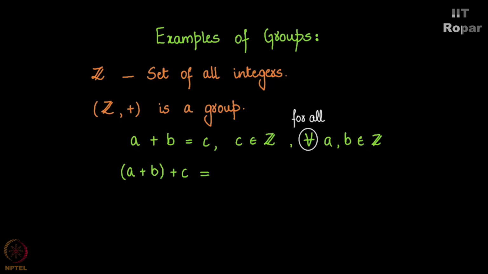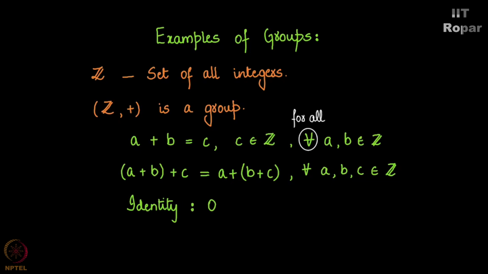It will be equal to adding b plus c and then adding a to it. This is true for all a, b, c belonging to Z. This is a property which integers satisfy.